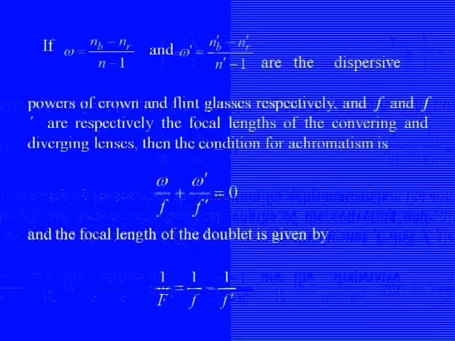This actually follows from the last relation we obtained, because the longitudinal difference between the two foci for blue and red is really given by omega by f. So, omega by f for one is compensated by omega prime by f prime for the other. The focal length of the combination naturally will be given by this relationship.